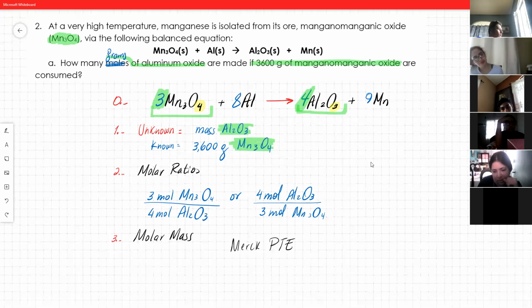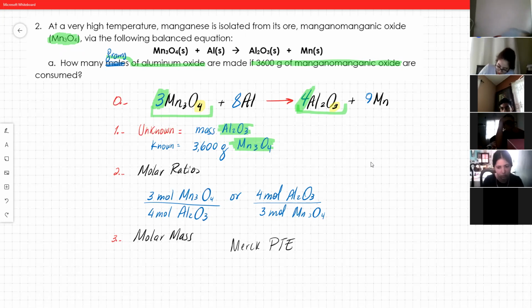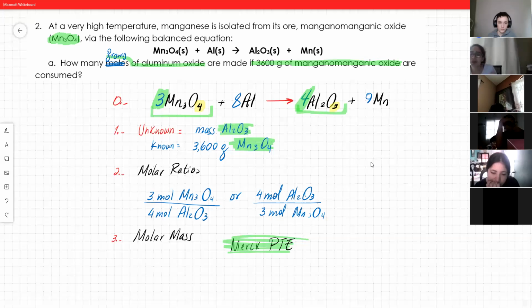So I put the substance and it gives me the molar mass. That's for you to check if what you did is correct. Remember that in the quizzes, if the molar mass is incorrect, everything is going to be incorrect. So that one is only for you to make sure that what you did is right. If it's incorrect, you can do the corrections. Not for you to use it forever. I need the procedure for that. I don't want you to just check it by using the PTE.